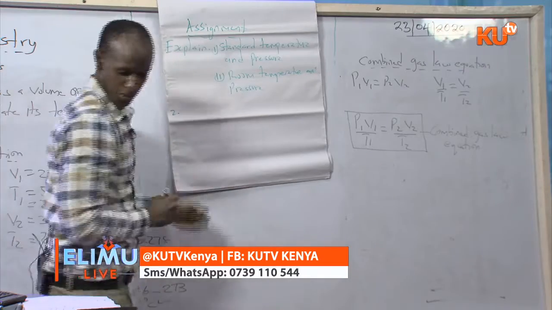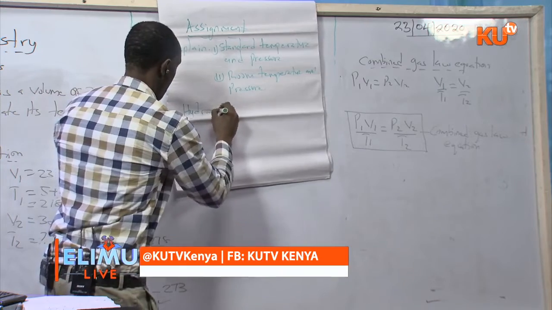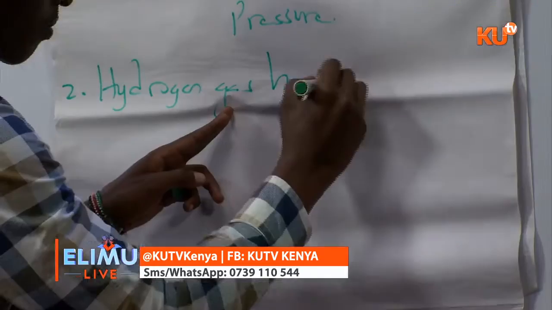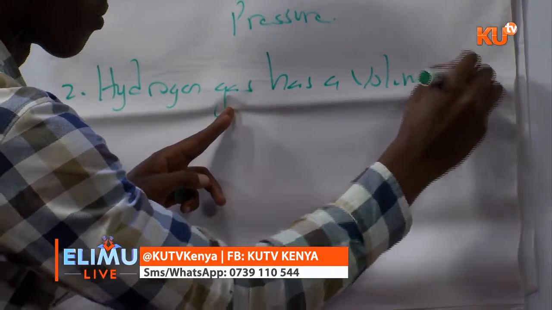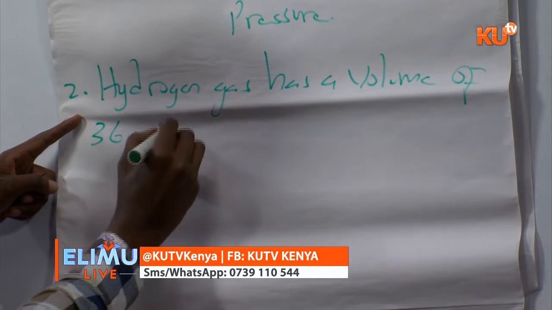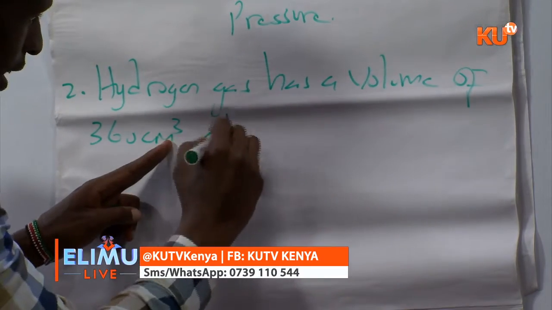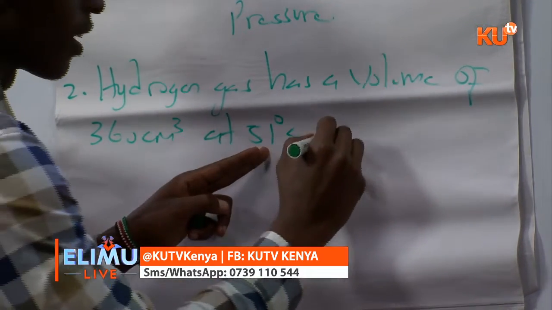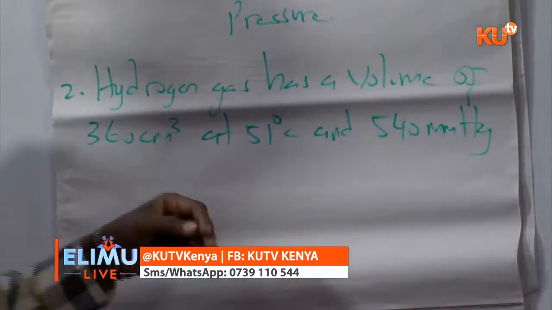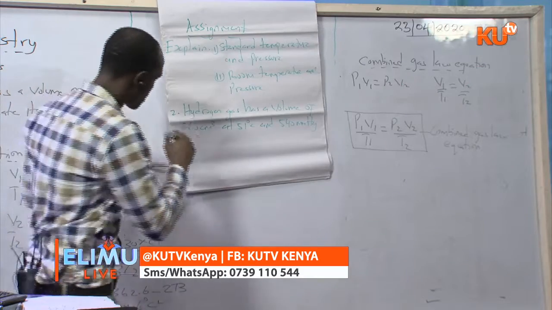Question 2. Hydrogen gas has a volume of 360 centimeter cubed at 51 degrees Celsius and 540 millimeter Hg, or mercury.